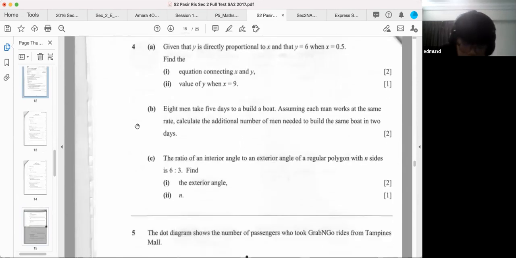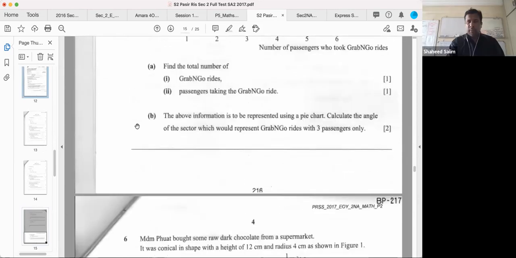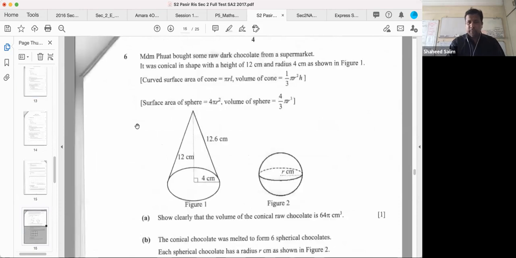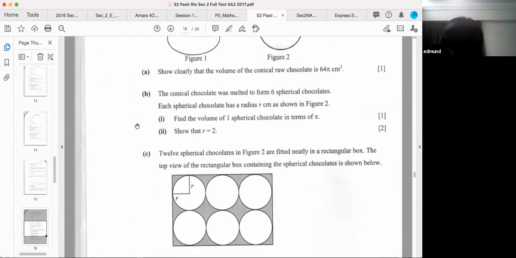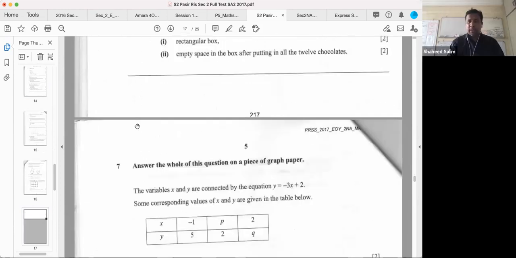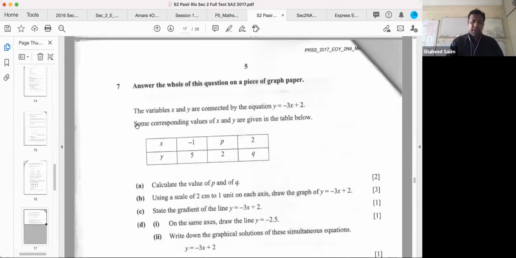I think we finished. So we start with 7 first. Later we can go back to 6. I can't remember whether we finished 6. 6 is a little bit long, but then maybe we just do a.